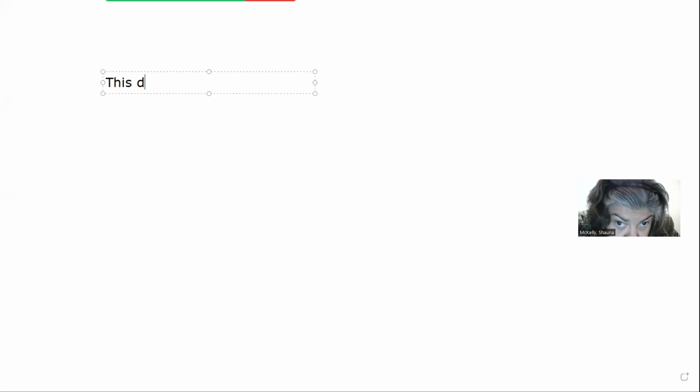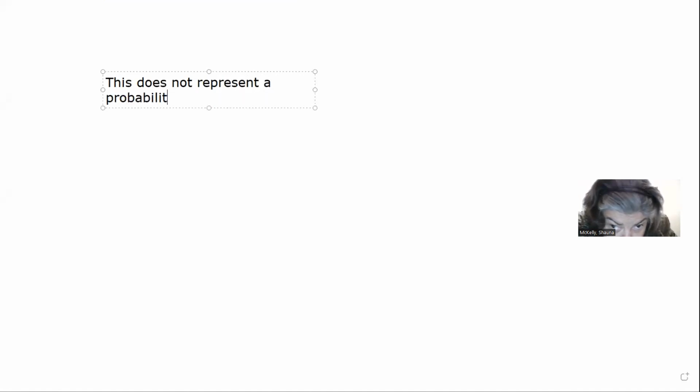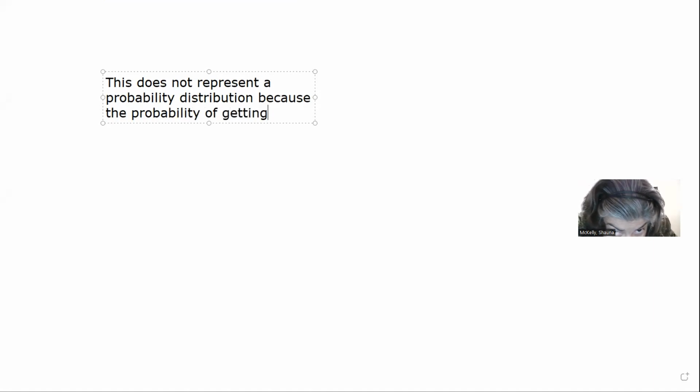I can say that this does not represent a probability distribution because the probability of getting 12 cannot be less than 0.